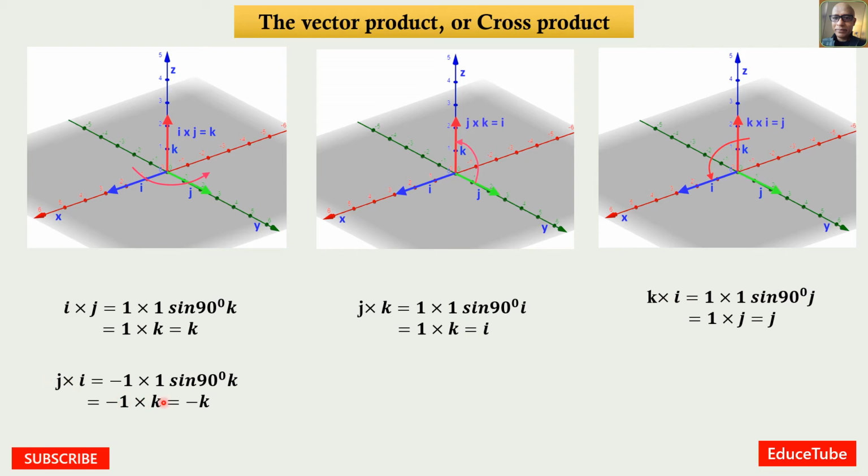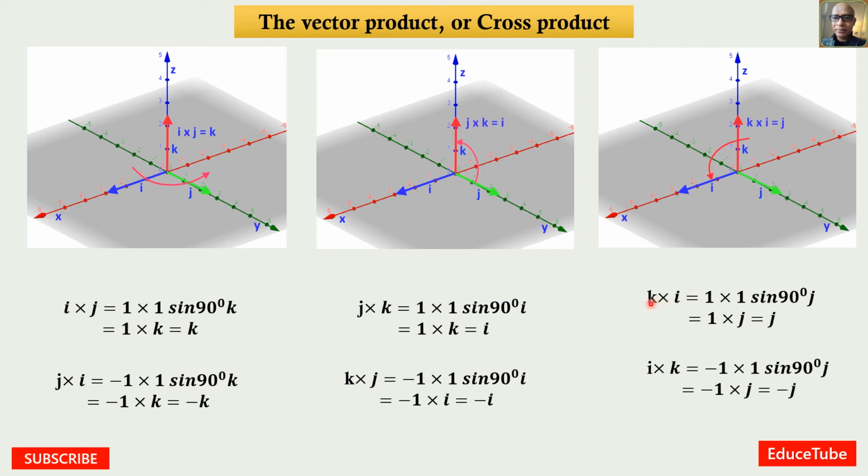So the result is the same, only one negative sign will come, because we need this information when we do the example maths. Here it was j cross k, so if we write k cross j, it will be minus i. Again for k cross i, if we write i cross k, it will be minus j.